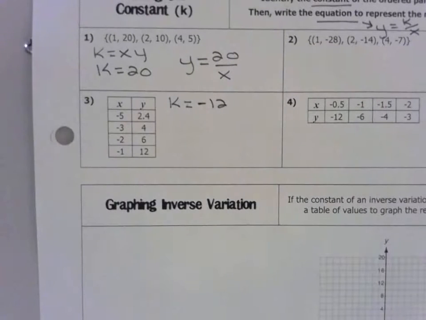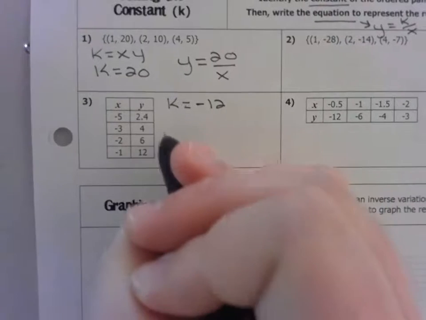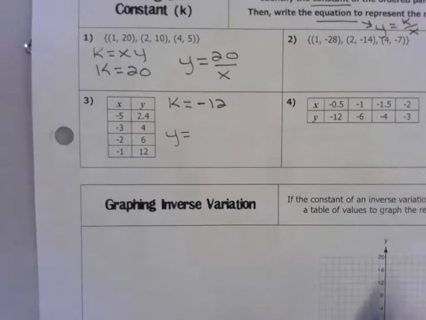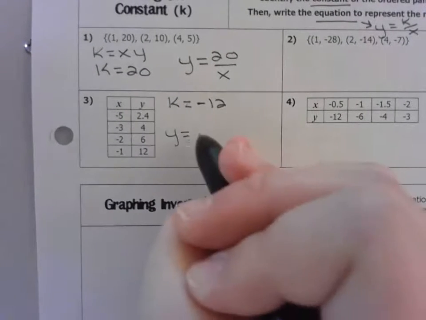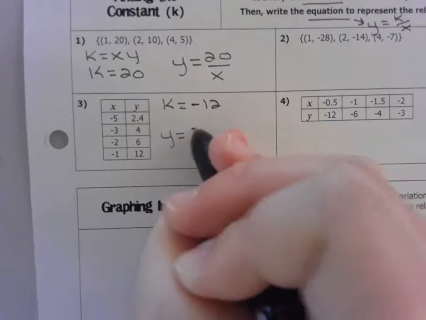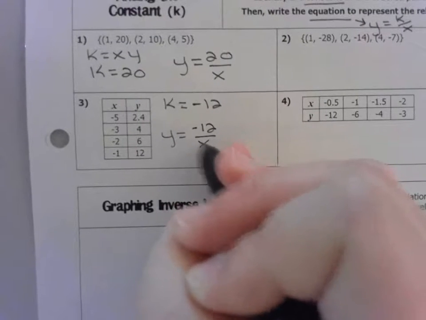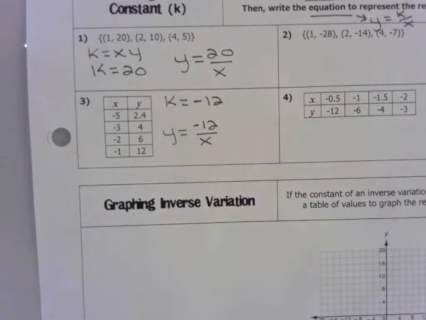I know we haven't talked about inverse variation much, but literally it's multiplying your x and y together to find k. Logan, keep your head up, please. Thank you. My equation, I need to find k and I need the equation. Equation will be y equals negative 12 over x. Okay? Any questions on this stuff?